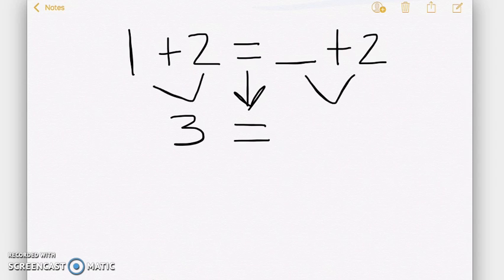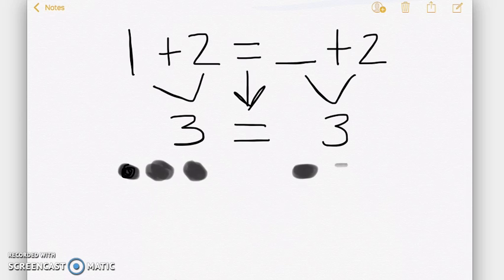We know that. This side has to equal the same thing, so that means 3 equals 3. Now, on one side we do know we have 3. So let's figure out what's missing on the other side. We already have 2, so how many do we have to add to get to 3? It looks like we have to add 1 more to get to 3. So our missing number must be 1.